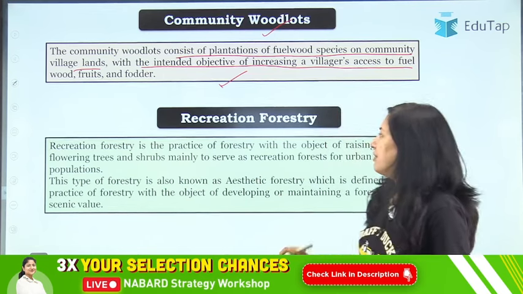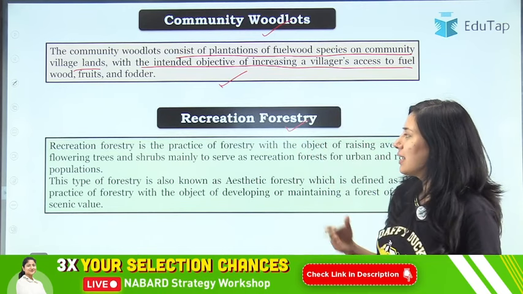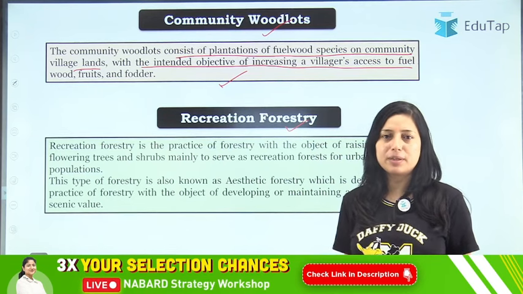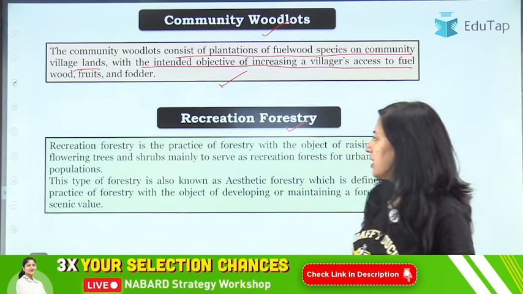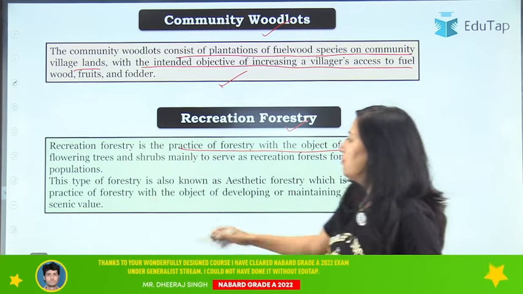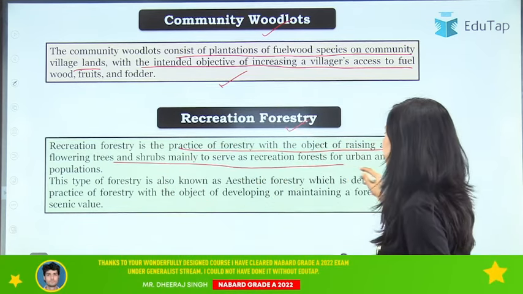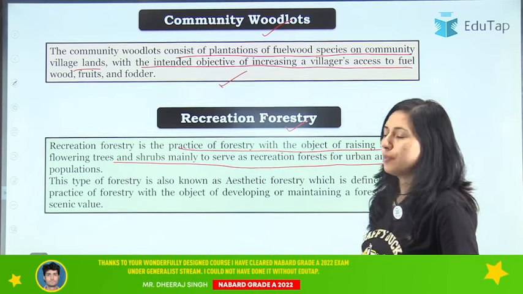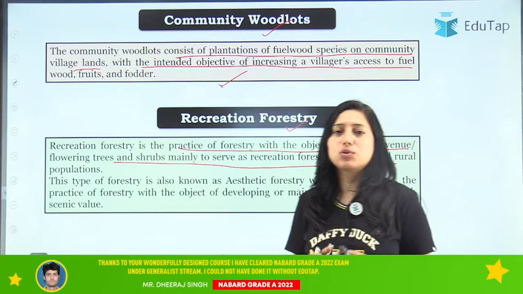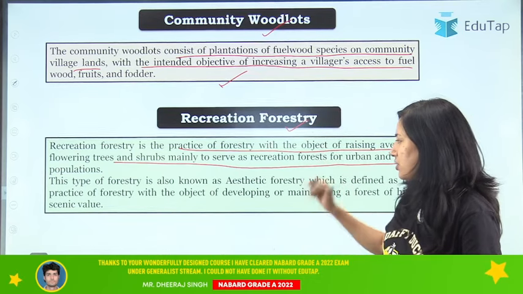Clear? Then we have recreation forestry. As the name suggests, forestry that is done for recreation purposes is your recreation forestry. It is the practice of forestry with the object of raising avenue, flowering trees or shrubs, mainly to serve as a recreation forest for urban and rural populations. So for the purpose of recreation and beautification, when we are doing forestry, that is recreation forestry.